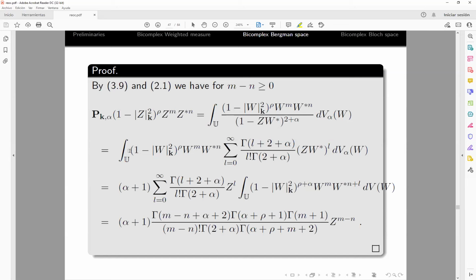Now we interchange the sum and the integral, and we get this. And again, we use the fact that we can calculate this, because here is the weight measure. You can see here, this is the normal Lebesgue measure, and here is the weight. Then we get it in a direct form. Then we have this result.